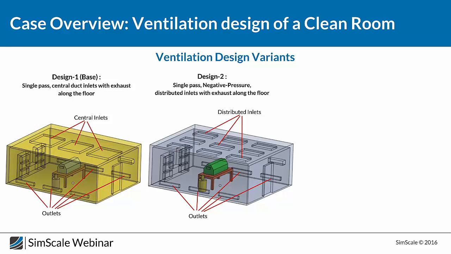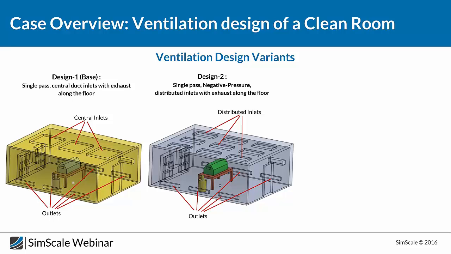The example that I gave earlier, in controlling contagious disease, negative pressure clean rooms are actually very useful in those areas. This is a design where we keep the pressure of the room slightly below the pressure of its surroundings, so the rooms that could connect to it.